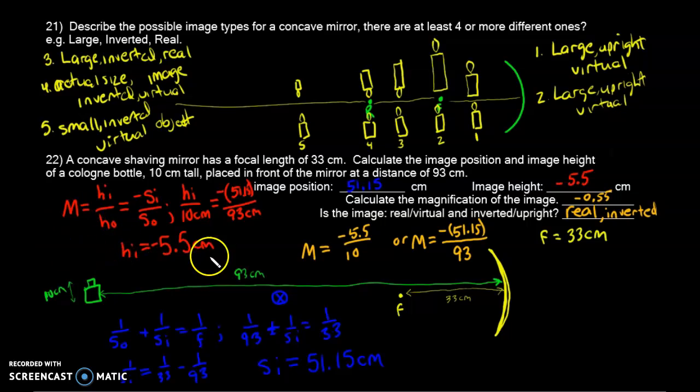So what that would mean is the image of my cologne bottle over here would be inverted. And since its magnification is less than 1, real and inverted.